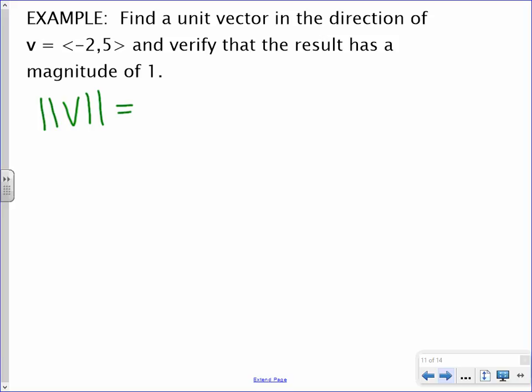Then what do you have for your magnitude? Finn has radical 29. Do you agree? Okay. 2 squared is 4. 5 squared is 25. We have radical 29.